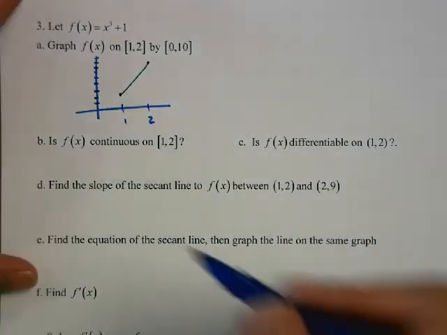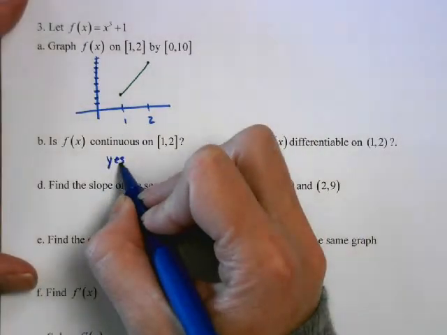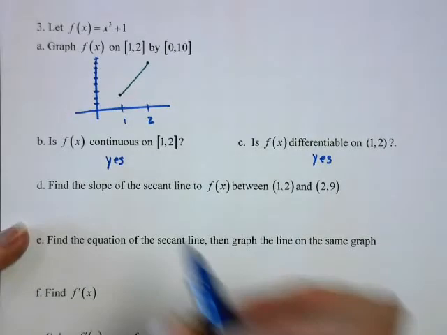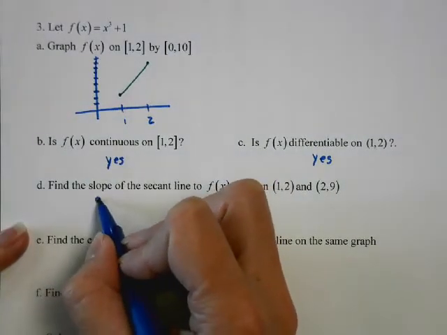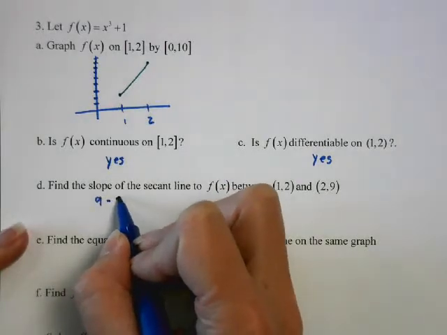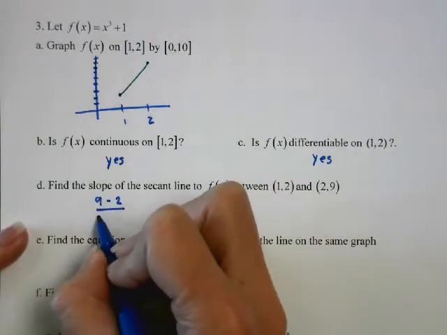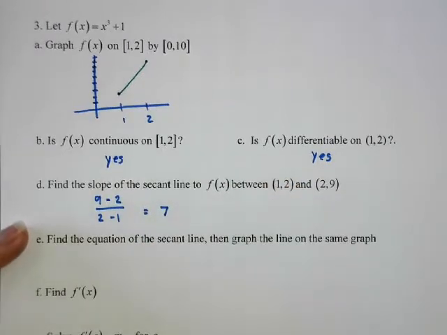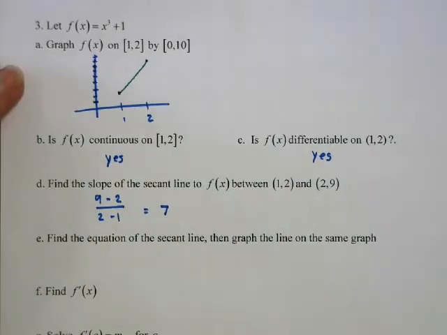Is this continuous? Yes. Is it differentiable? Yes. Okay, so we're going to find the slope of the secant line. So that's going to be 9 minus 2 over 2 minus 1. So that gives me 7.